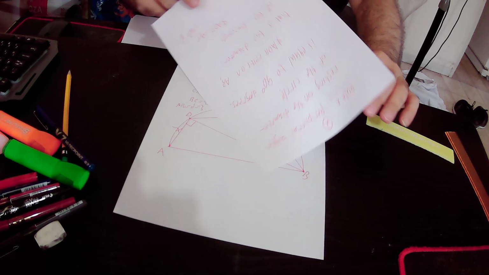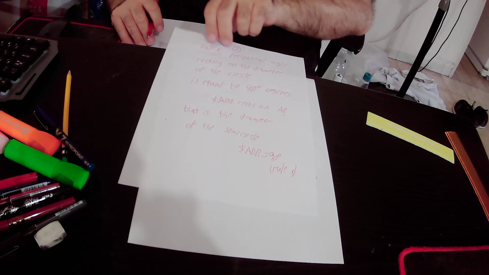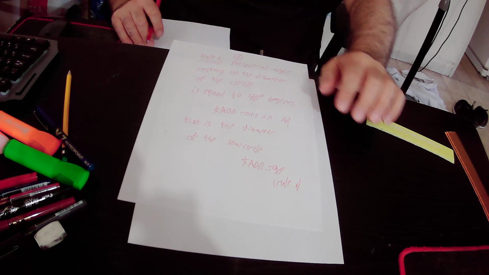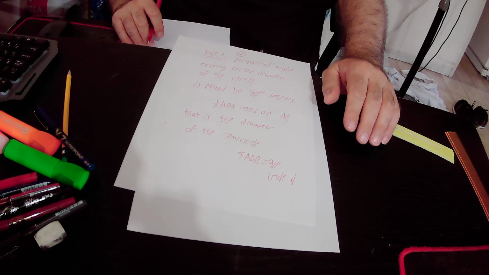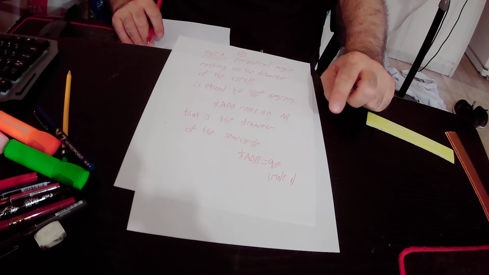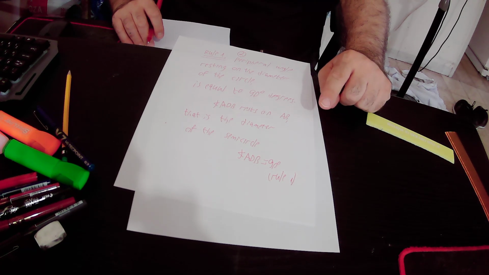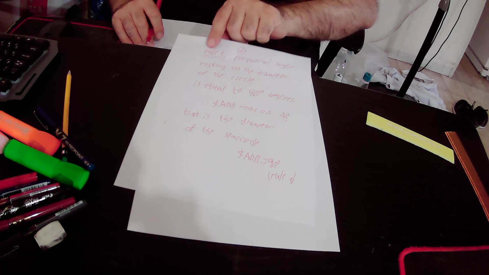Okay, so I'll read the things that I wrote. Peripheral angle ADB rests on AB, that is the diameter of the semicircle. Therefore, angle ADB equals 90 degrees according to rule number 1.